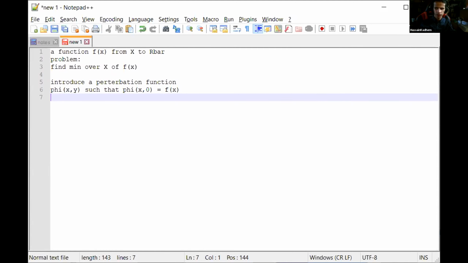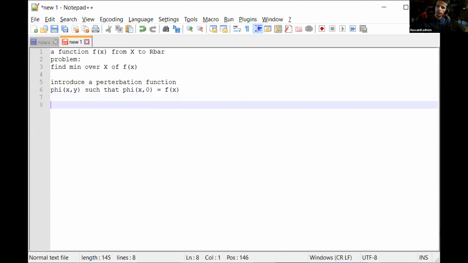So for example, if we want to make the linear programming problem fit into this framework, we would choose y to be x dual, something like that.